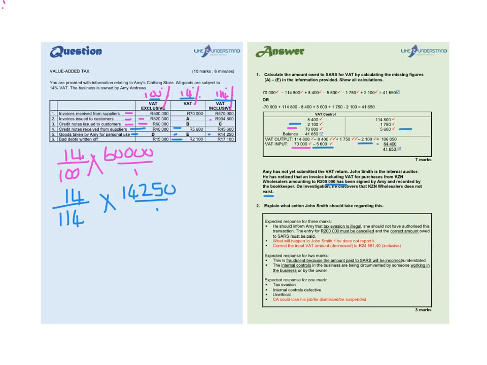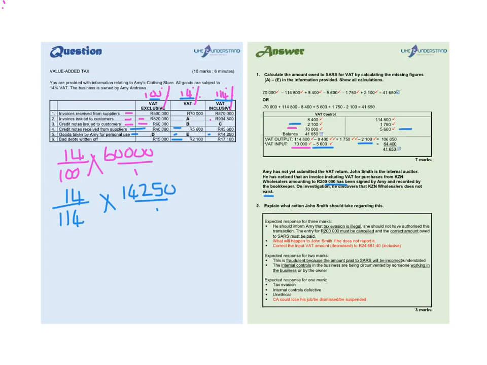Expected response for 2 marks means that you must say that this is fraudulent because the incorrect information is given to SARS, less money is paid on VAT to SARS because you pretend that you purchased goods and you claim back the VAT.